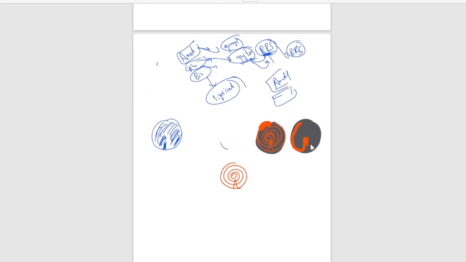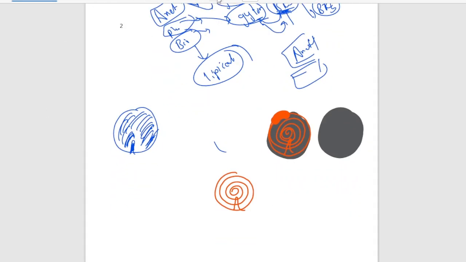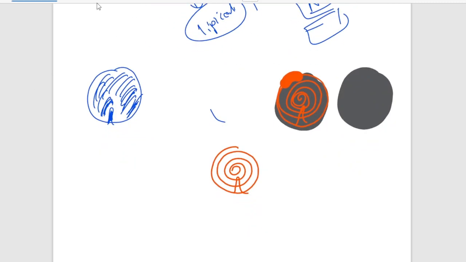Invagination occurs in this plate. How? Let's watch. This is the inner plate, and above this plate another plate is present, and in that plate the invagination occurs.